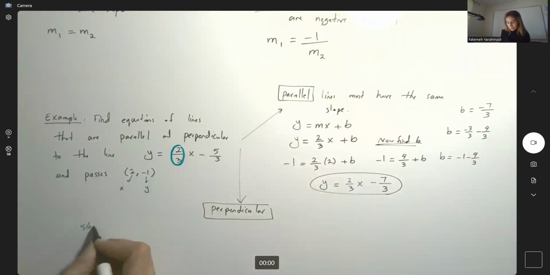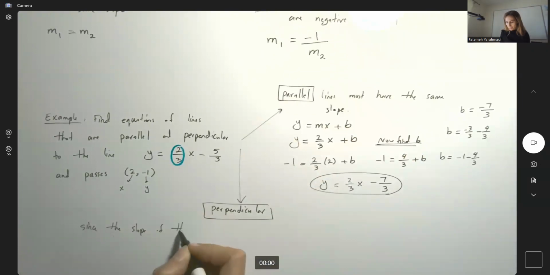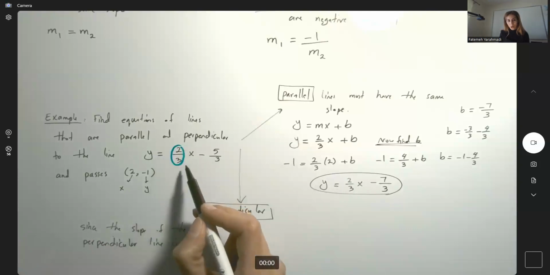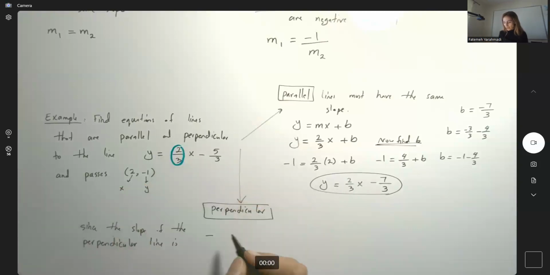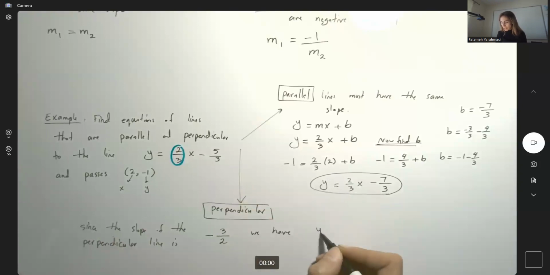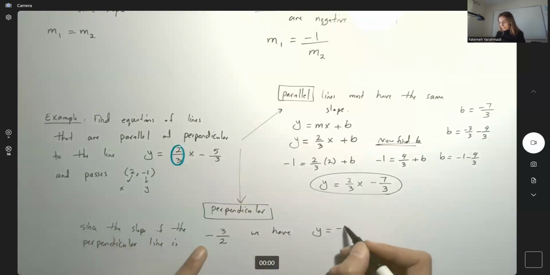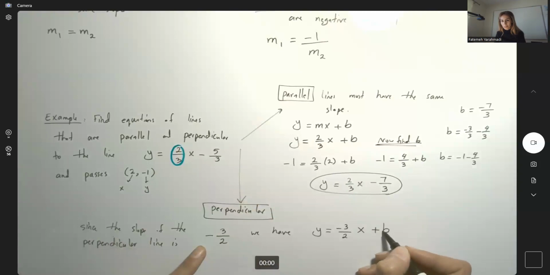Since the slope of the perpendicular line is the negative reciprocal, I have to flip this fraction: -3/2. We have y equals -3/2 times x plus b.